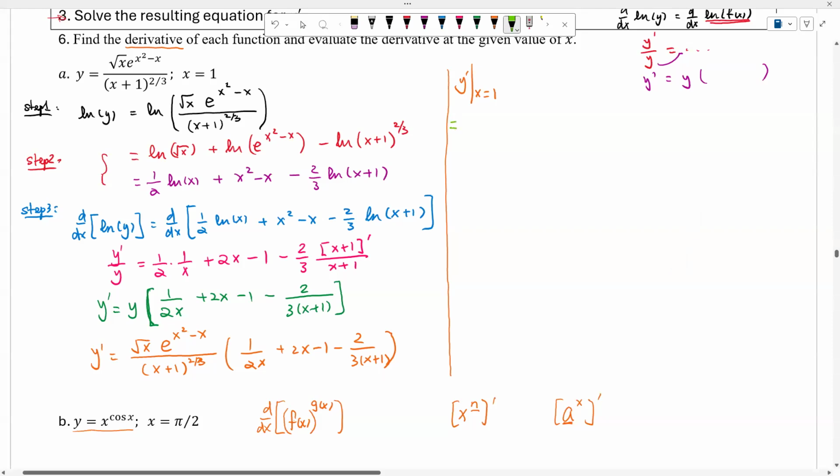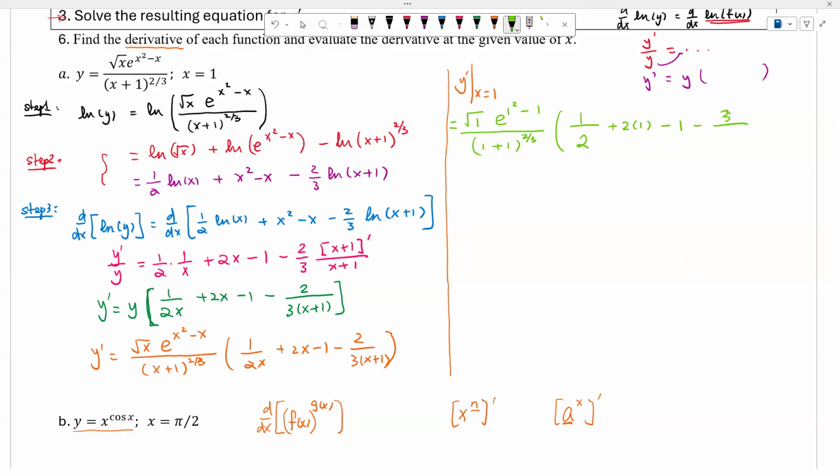So it is equal to square root of 1 times e to the 1 squared minus 1, over 1 plus 1 raised to the power of 2/3, times 1 over 2 plus 2 times 1 minus 1 minus 2 over 3 times 1 plus 1.